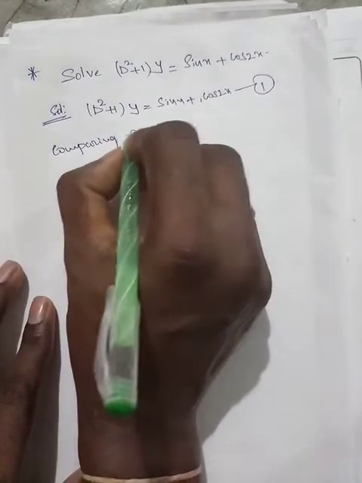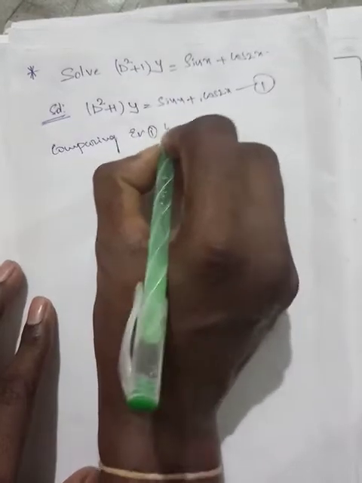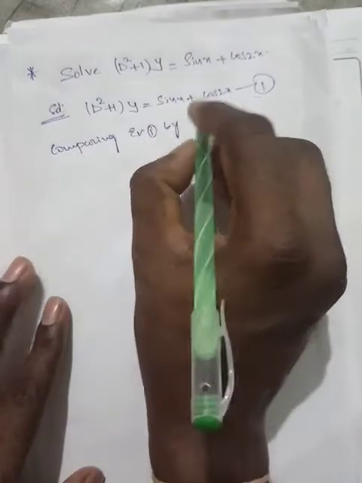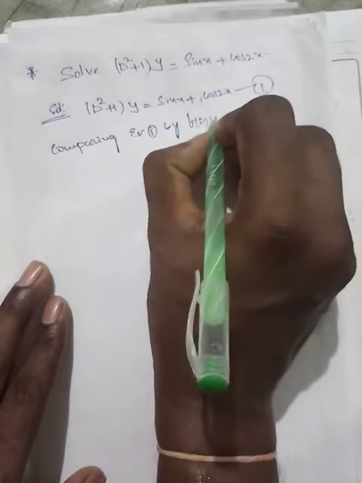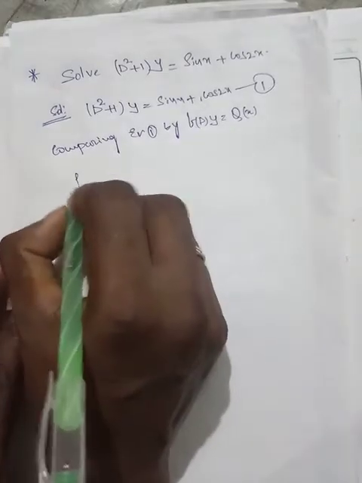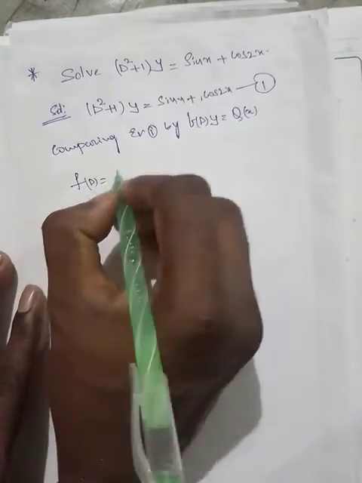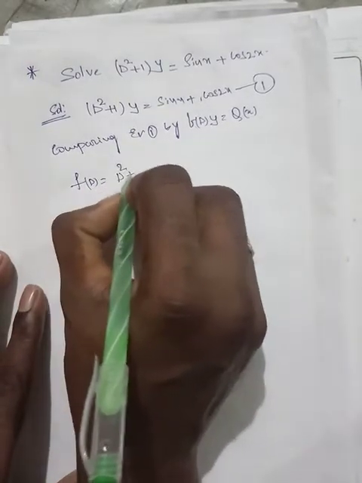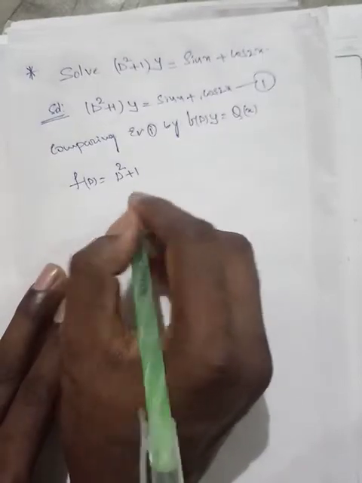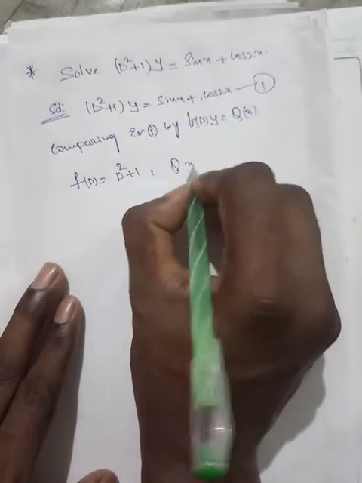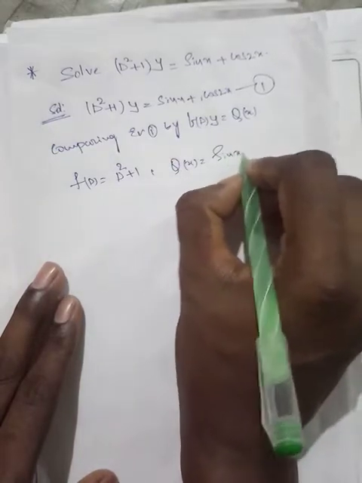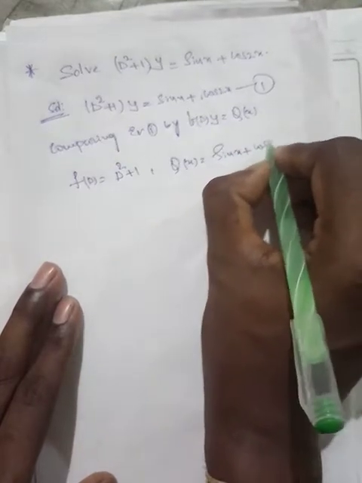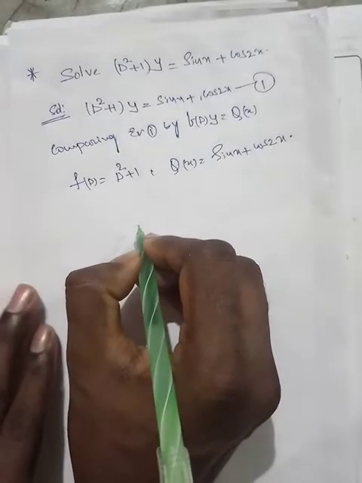Comparing equation 1 with the general form of higher order differential equation, f of D into y equals Q of x, here f of D equals D square plus 1 and Q of x equals sin x plus cos 2x.